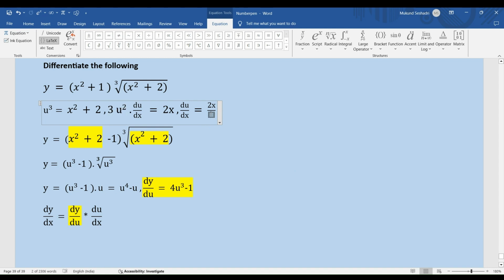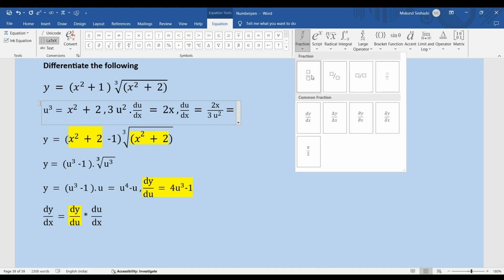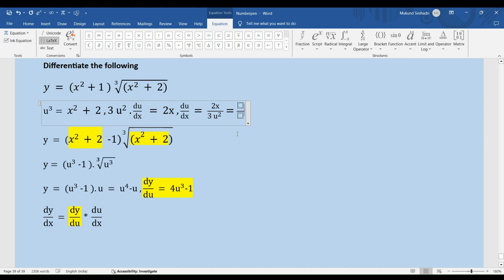And then again, you notice that I don't have my answer in terms of x. I will have to convert everything in the form of x, right? So what is my u square? If my u cube is x square plus 2, what is my u square?